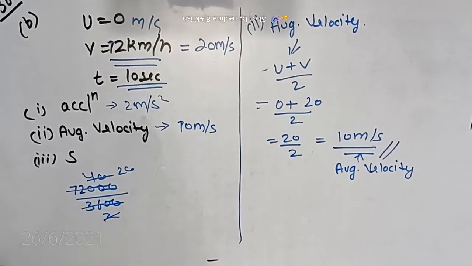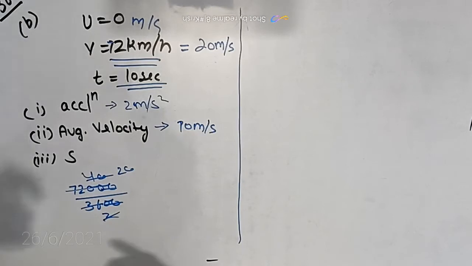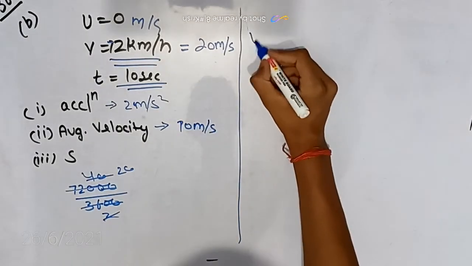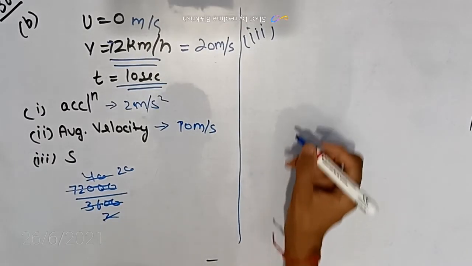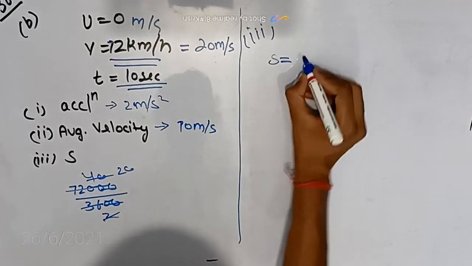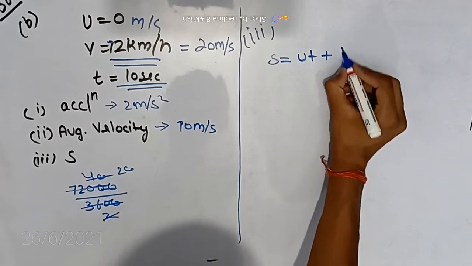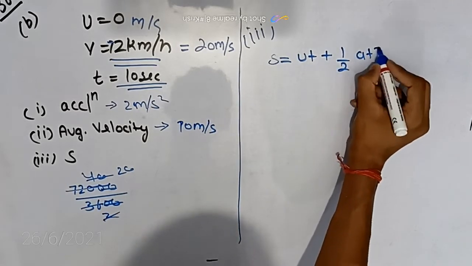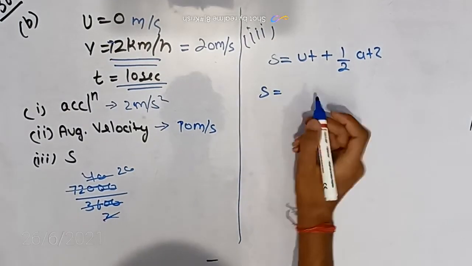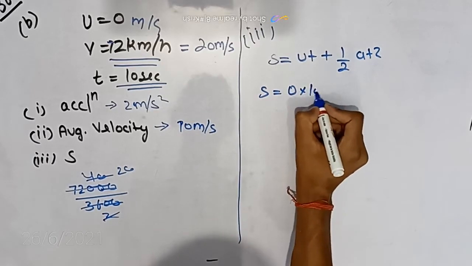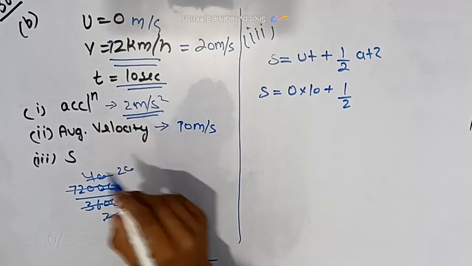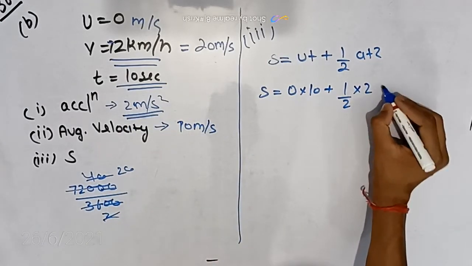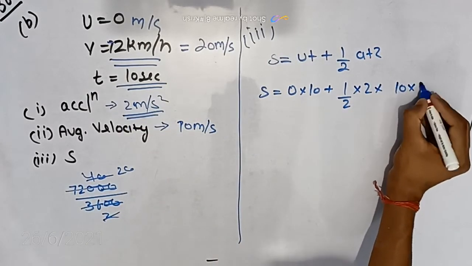So now let's solve the third part. In the third part we have to find the distance. We can find it from the second equation of motion, that is S equals ut plus 1 upon 2 at square. So S equals u, given as 0, into t, 10, plus 1 upon 2, into acceleration, given as 2 meter per second square, into time 10 into 10.